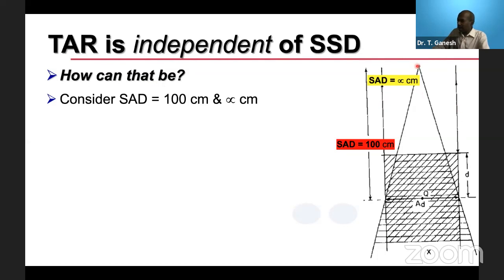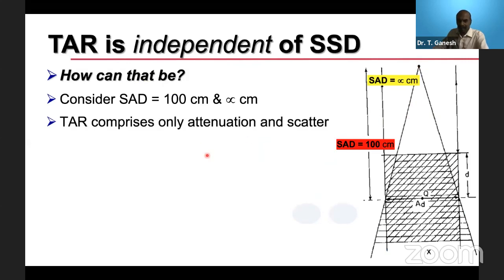For SAD 100, you can see the divergence. Fine. So TAR comprises only attenuation and scatter. Whether it is for 100 centimeter or for infinite distance, we have to consider only attenuation and scatter, because in the previous slide we saw that TAR comprises only attenuation and scatter.